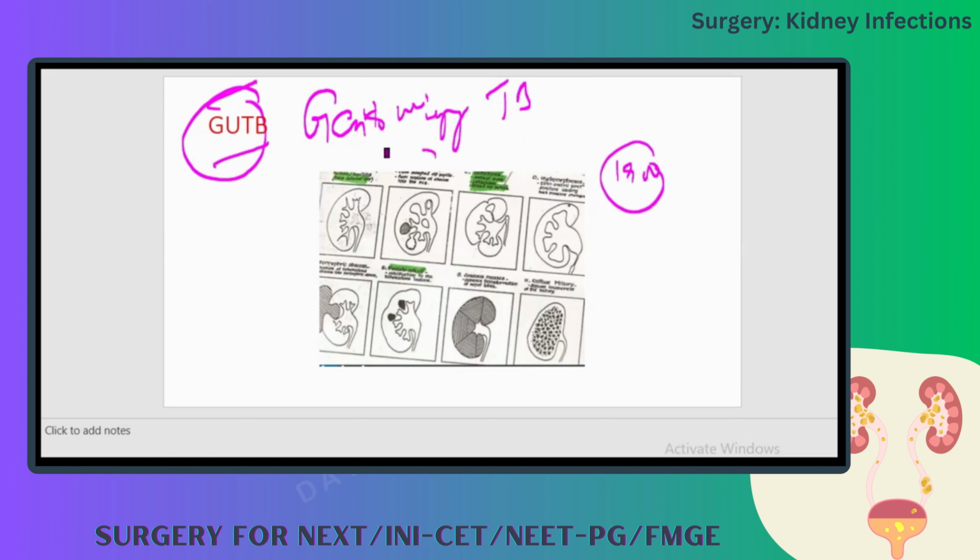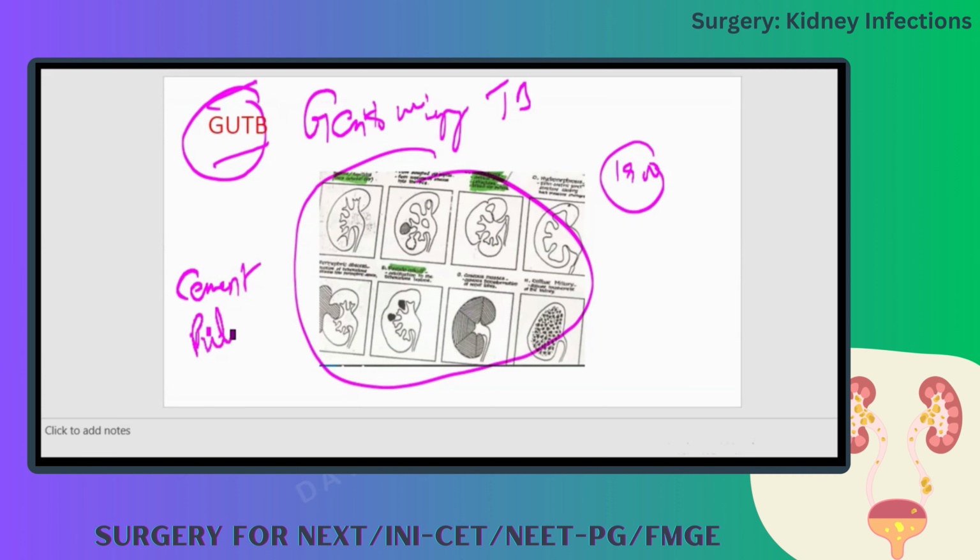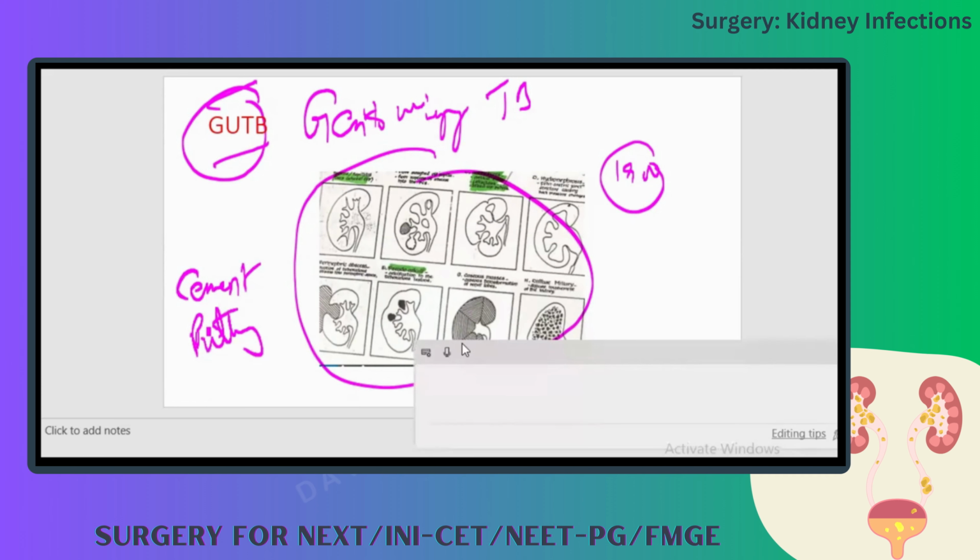At that time, this description was given. TB can affect the kidney in multiple types. Out of this, the most important you have to remember is cement and putty. Cement kidney and putty kidney. What are these two things?